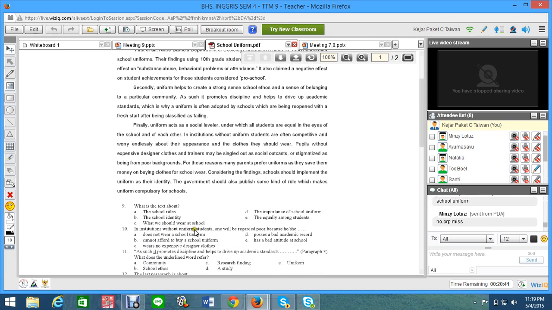Dalam institusi tanpa seragam murid, seseorang akan dianggap miskin karena dia. A, does not wear a school uniform, B, cannot afford to buy a school uniform, C, wears no expensive designer clothes. Okay, yang mana?